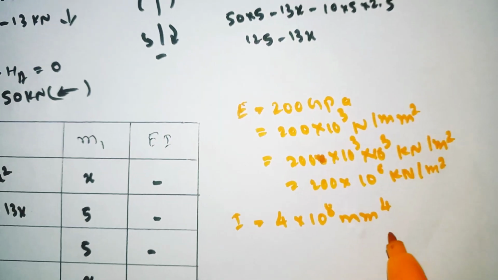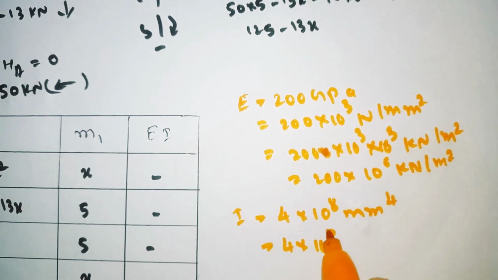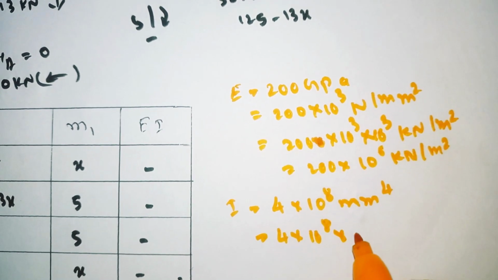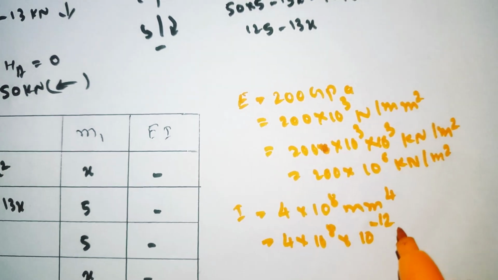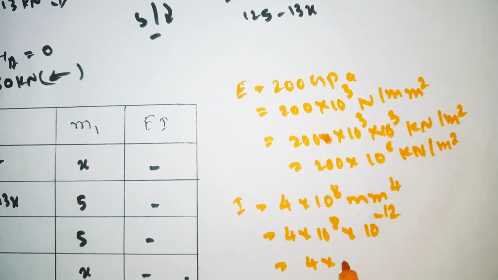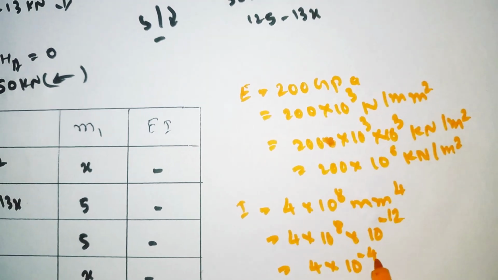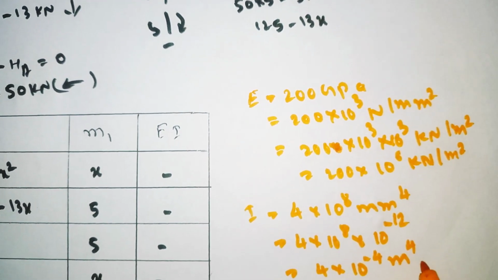Similarly, to convert I into meters we multiply 4 into 10 to the power of 8 into 10 to the power of minus 12, so it becomes 4 into 10 to the power of minus 4 m to the power of 4.